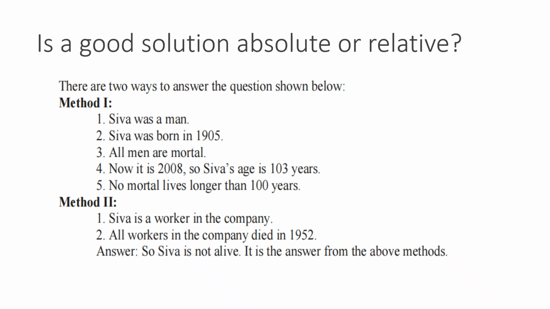No, it is not absolute, because the conclusion depends entirely on the given knowledge. In AI, a solution is absolute if it is true under all circumstances, and a solution is relative if it is true only with respect to the given assumptions and facts.